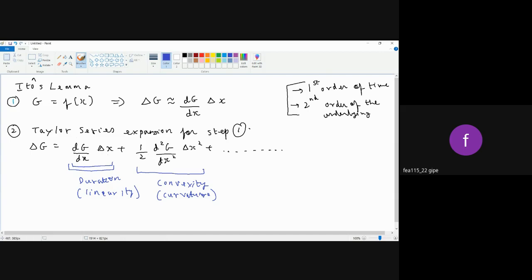So a Taylor series can also be applied for analyzing the behavior of a certain underlying like a bond as well. We directly use the results, duration and convexity, but this is the underlying theory behind it. I'll just erase this. This is not required right now. Duration and convexity is what we'll study later on again.